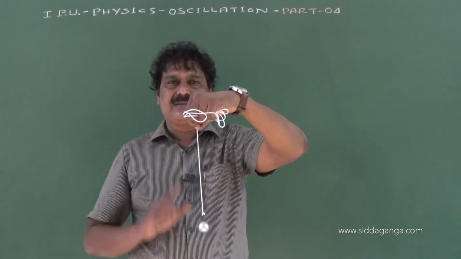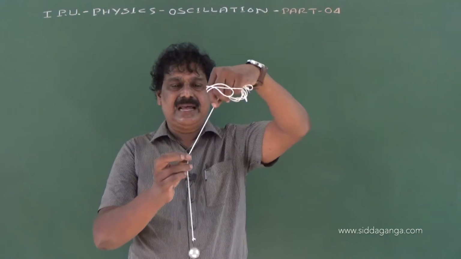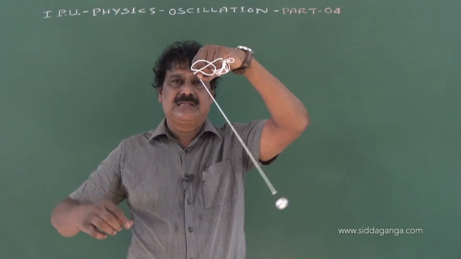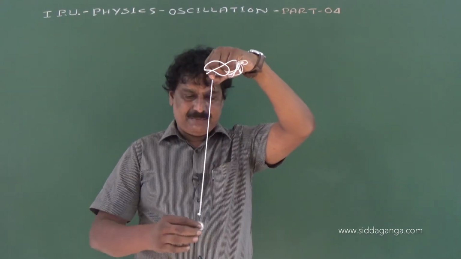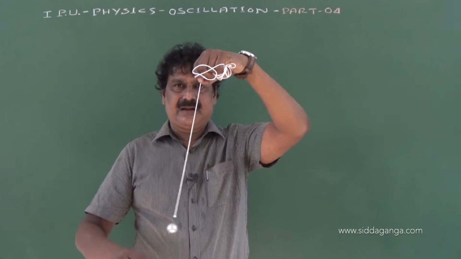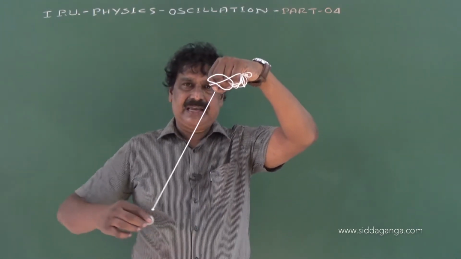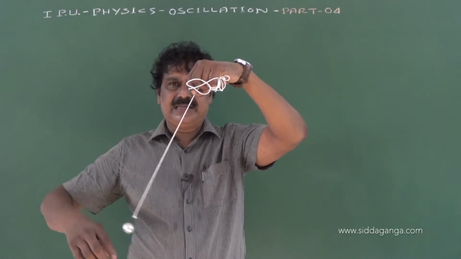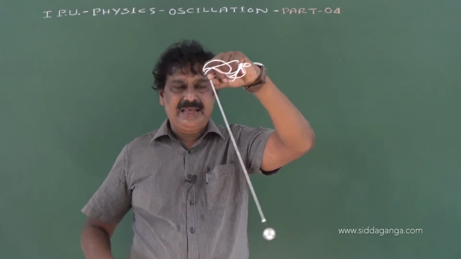The period of oscillation depends upon the length. If we increase the length, the period of oscillation also increases. Now this is the amplitude, the maximum displacement. If I increase the initial displacement, then obviously the amplitude of oscillation also increases.